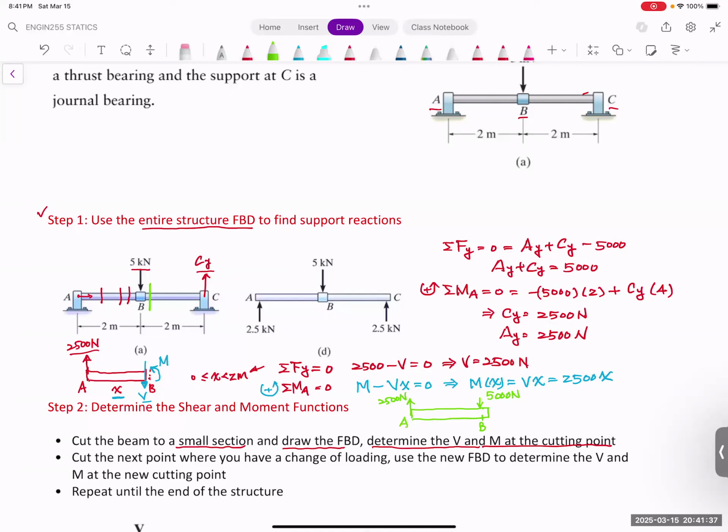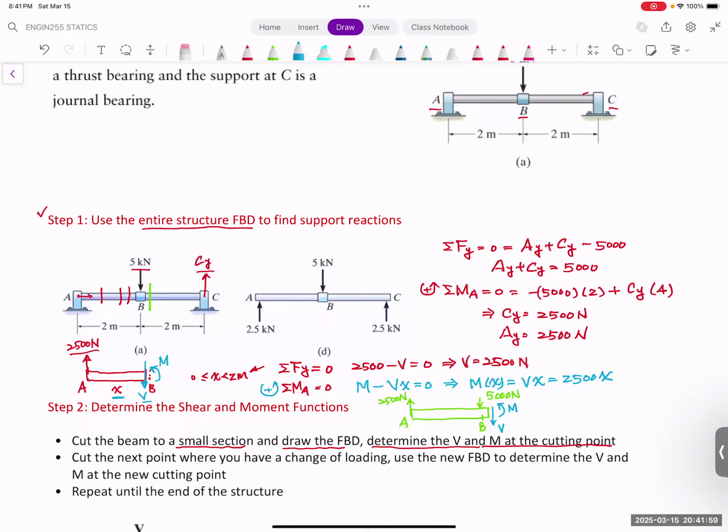This is the point A. We do need to draw the reaction force. So still on this side, the V should be at this position. And the moment has to make it go upwards. So this will be our moment direction. You can do the same thing.